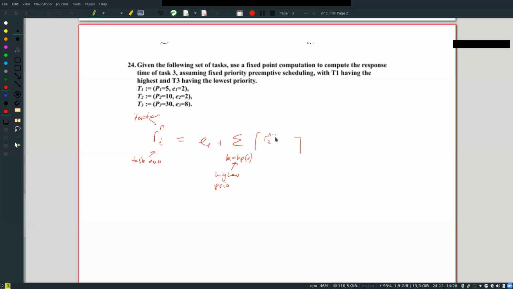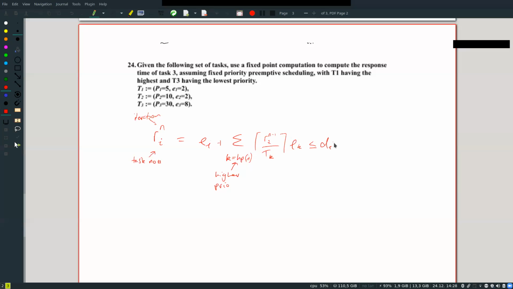You keep calculating to get the new one, and it gets fed into the next iteration, divided by the period of the higher priority task. And this has to be less than the deadline of the task, right?